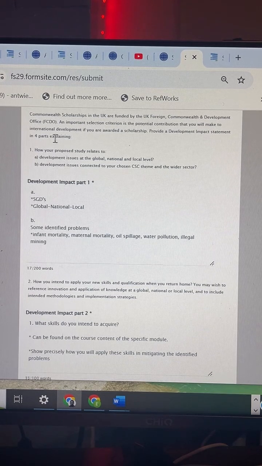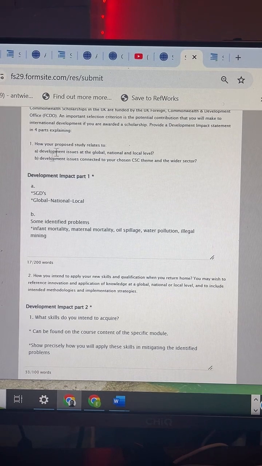So they are asking you to provide a development impact statement in 4 parts. And this is the first one: how your proposed study relates to A, the development issues at the global, national, and local level, and then development issues connected to your chosen Commonwealth Shared Scholarship or Commission theme and the wider sector.